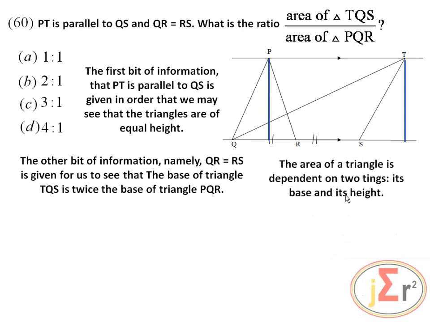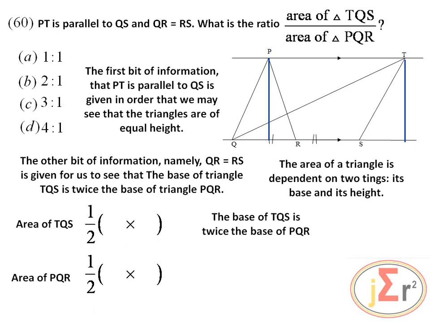So the area of a triangle is dependent on two things: its base and its height. So area of TQS, we have that, and the area of PQR we have right there. The base of TQS is twice the base of PQR.